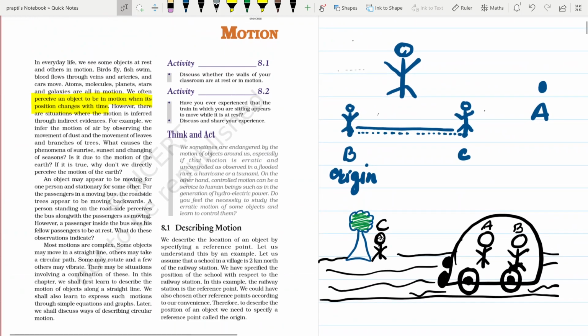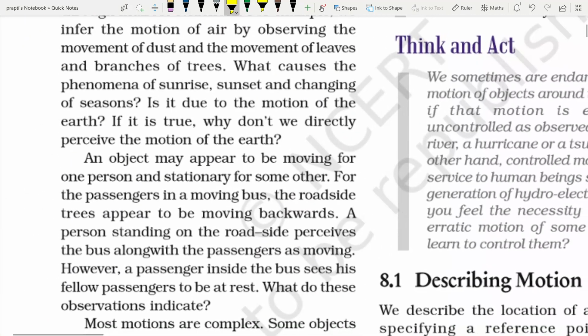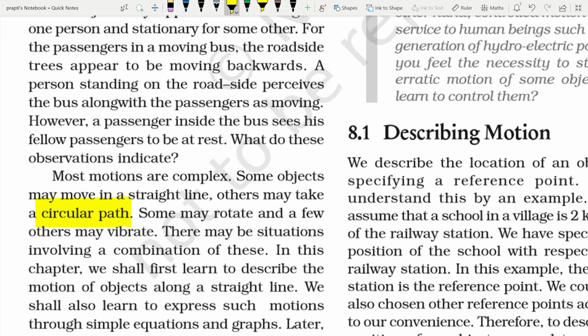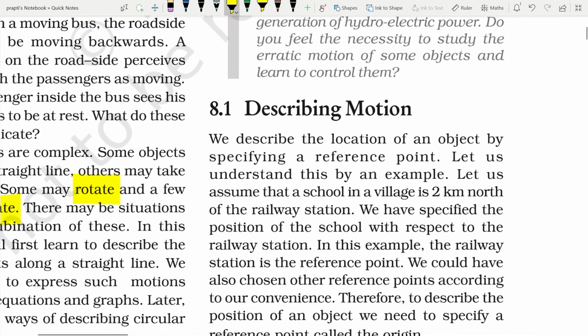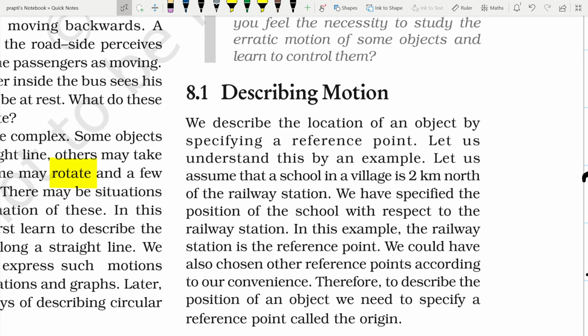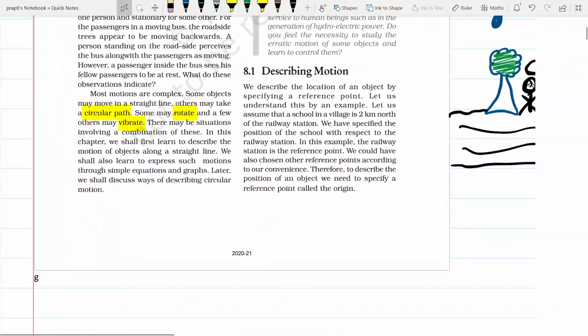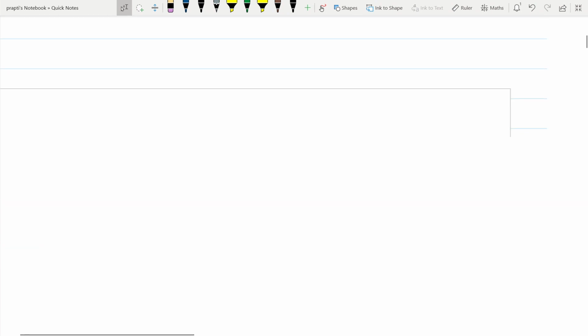A motion can be circular, that is moving around a fixed point, may be rotatory, vibrational, oscillatory, or even erratic, that is a random motion which has no reference to any fixed shape. It can be in any direction. But we are going to discuss motion in a straight line path.